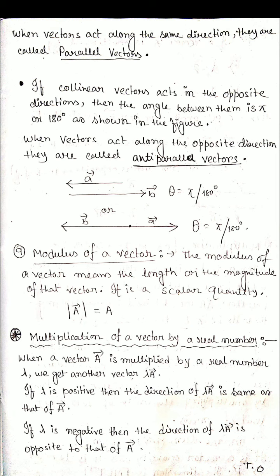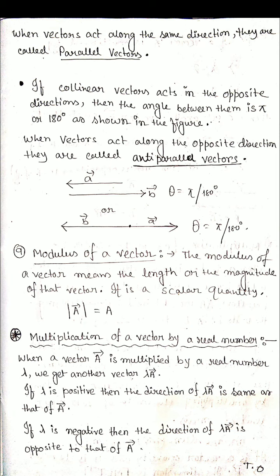When vectors act along the same line or parallel to each other in the same direction, they are called parallel vectors. Just opposite to the parallel vector, the first consideration is the same: either they will be in the same line or parallel to each other. Just the second consideration is different: they are opposite in direction.